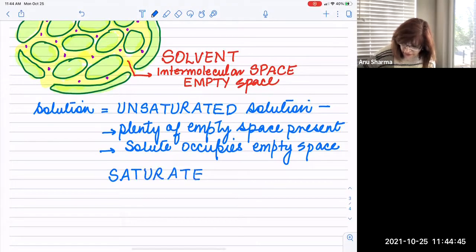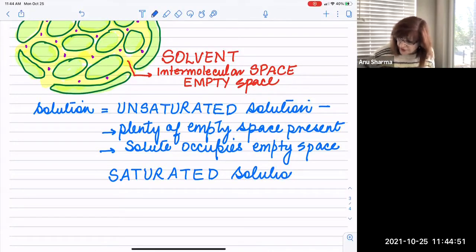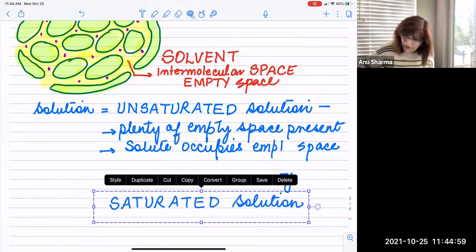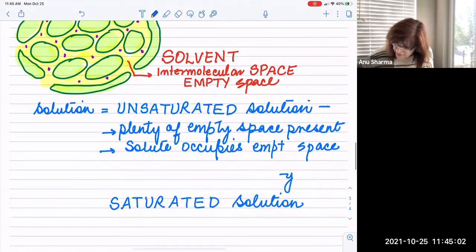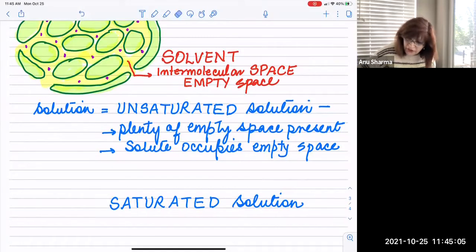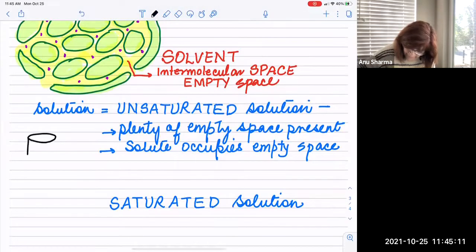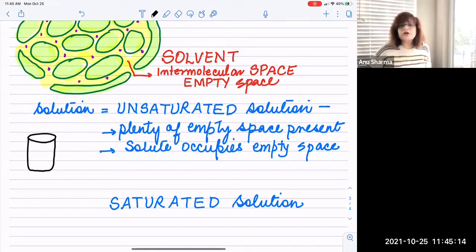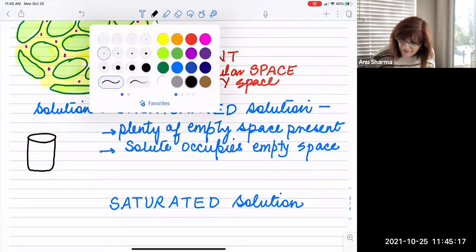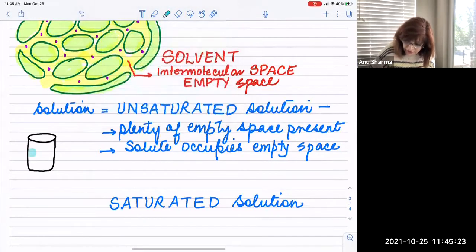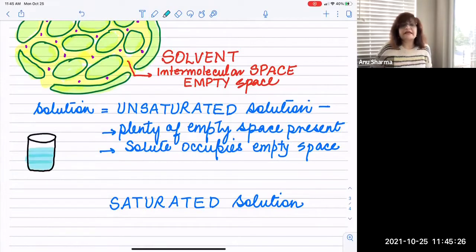Let me just draw it. First, how does the unsaturated one look? Let's say you have a container, a cup or a glass, and you put some water in it, nice and clear.